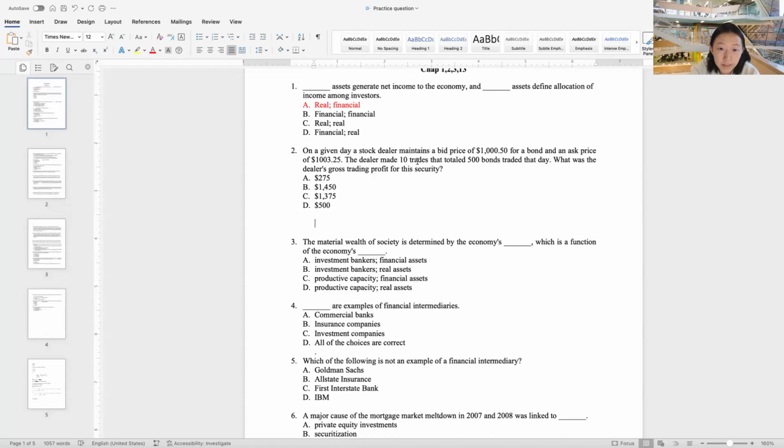The dealer basically extracts the bid-ask spread. We have an ask, which is $1,003.25, and there is a bid price. This is the bid-ask spread.